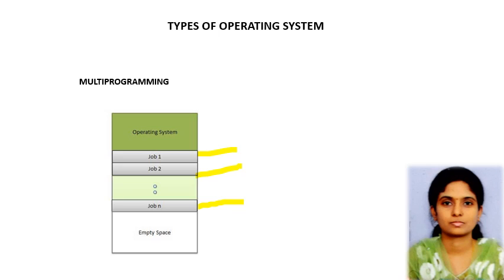So multiple programs can be executed on a single processor. How will the programs be executed, at a time, simultaneously, or how? That we'll discuss in the next type of operating system, that is multitasking. As of now, on a system we can perform different tasks.